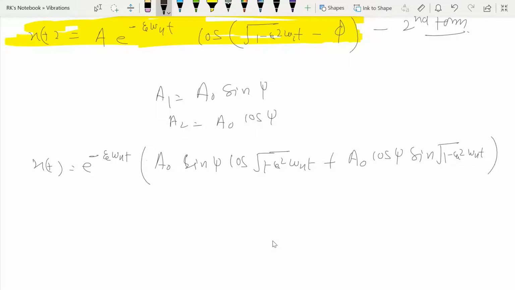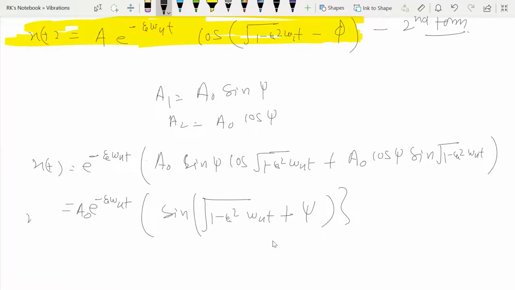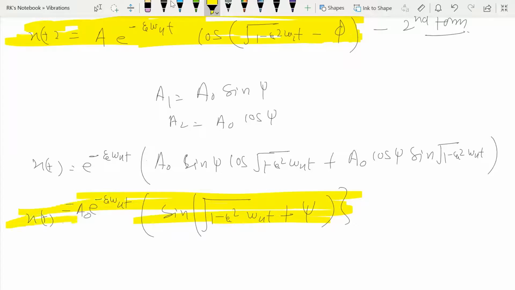So here A naught can be taken out, and this becomes A naught e raised to power minus zeta omega n t, and this form can be written as sin of square root of 1 minus zeta square omega n t plus psi. So this is the third form of the solution, right? So here A naught and psi can be found using these two.